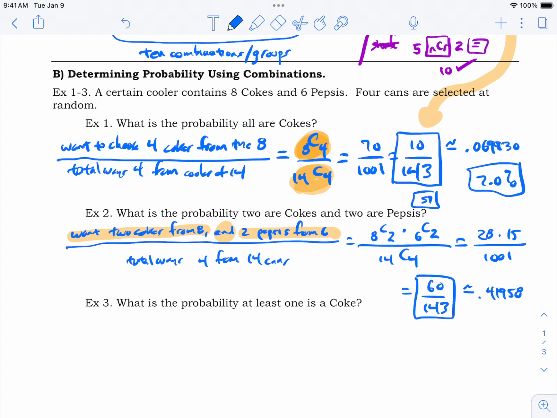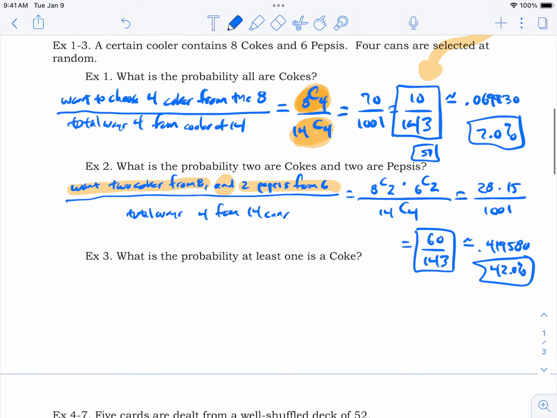I always like 6 digits for my decimals. So decide how to round that. I'm thinking 41.958. Yeah, let's just call that 42.0%. So it's like a 42% that you'll get 2 of each. So I hope you're starting to dig this. I like this a lot. I want to get 2 Cokes and 2 Pepsis. Boom! I got 2 Cokes, I got 2 Pepsis. Cool.